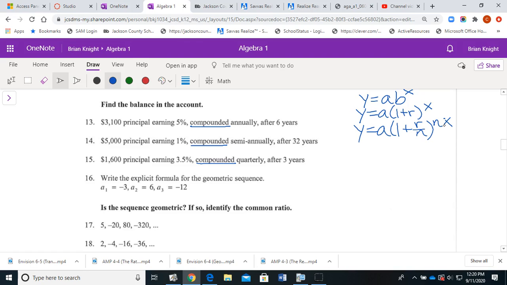R. And what's 1 times x? X. So it doesn't matter on this one. So we're going to have our principal, 3,100 times 1.05 to the 6th power. How much money are we going to get there?